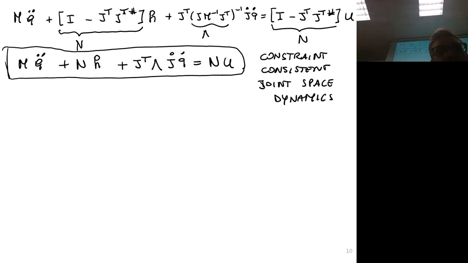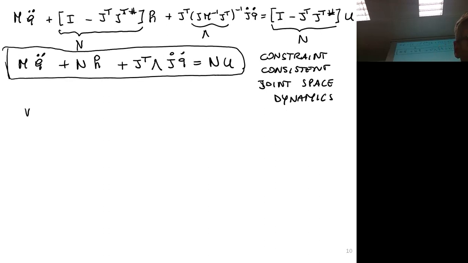So it's the dynamics where, if you compute acceleration from this equation, you will get accelerations that are consistent with the fact that the point should stay fixed on the rail. So if you have a null space motion, you will compute accelerations that satisfy this condition.